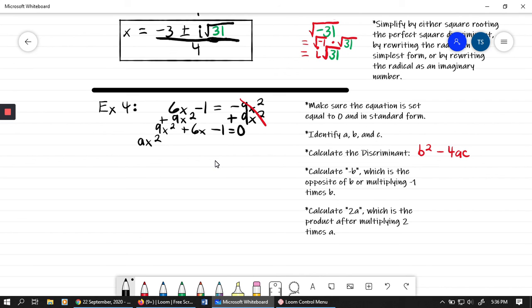So in this form, ax squared plus bx plus c equals 0, a is the coefficient for x squared, so a is 9. b is the coefficient for x, so b is 6. And c is the constant term, -1.